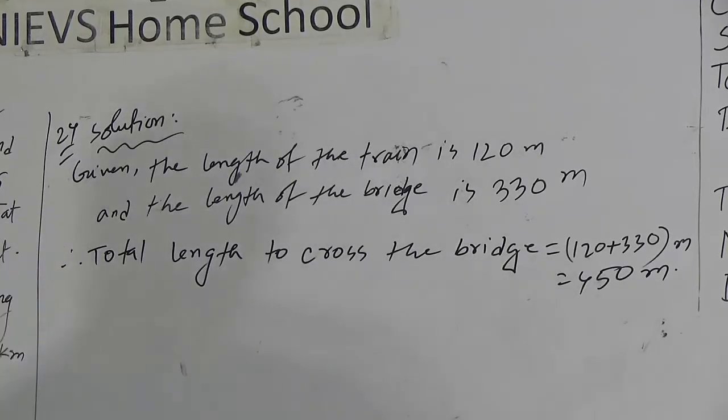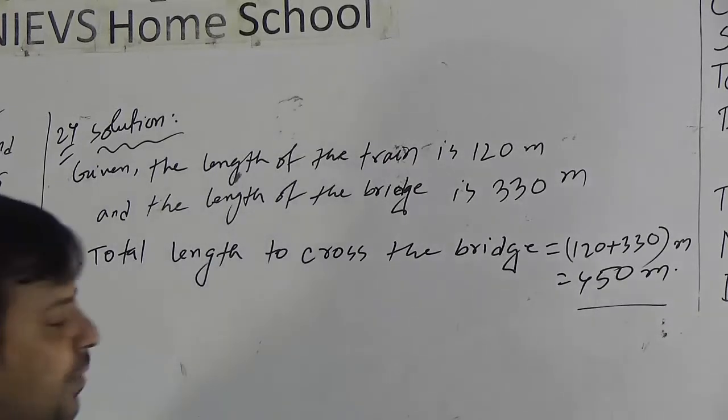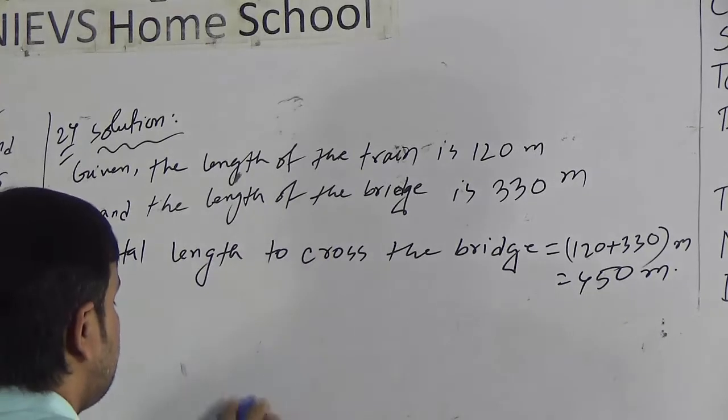And another condition given here, the condition is the speed of the train is 30 km per hour. So here this is given in kilometer, but we have the distance in meter. So we should convert the speed of the train into meter per second.